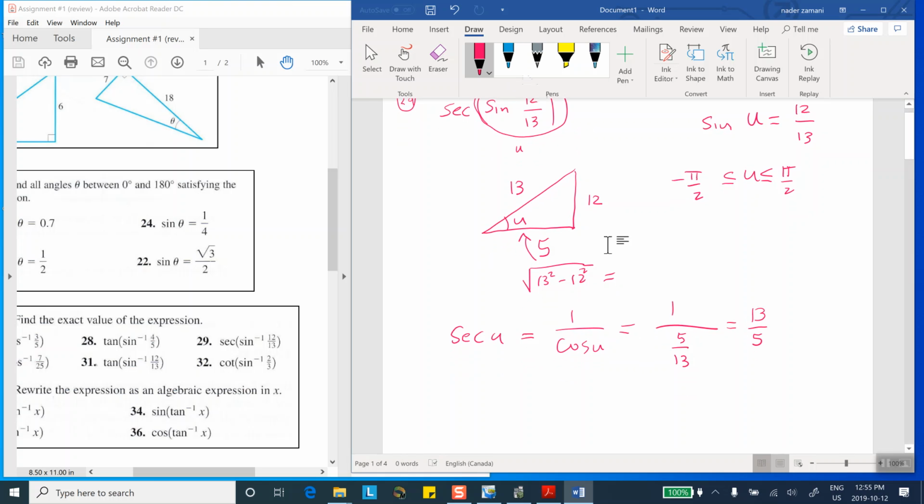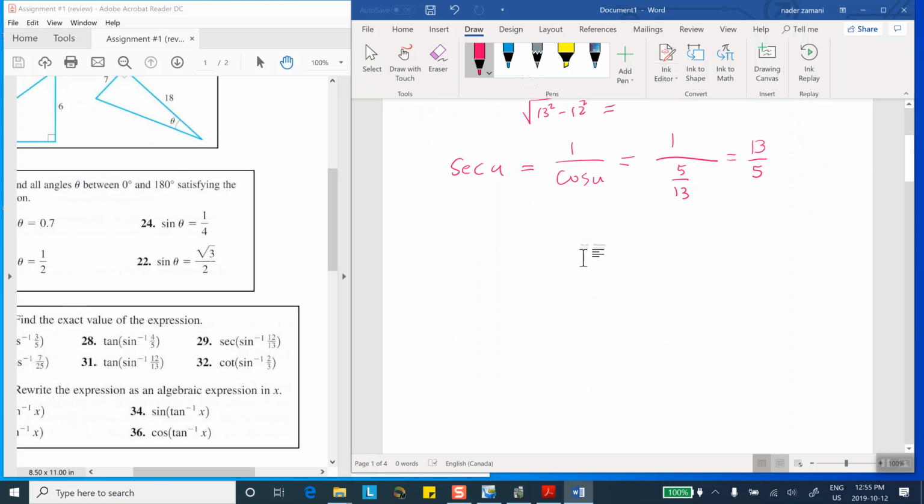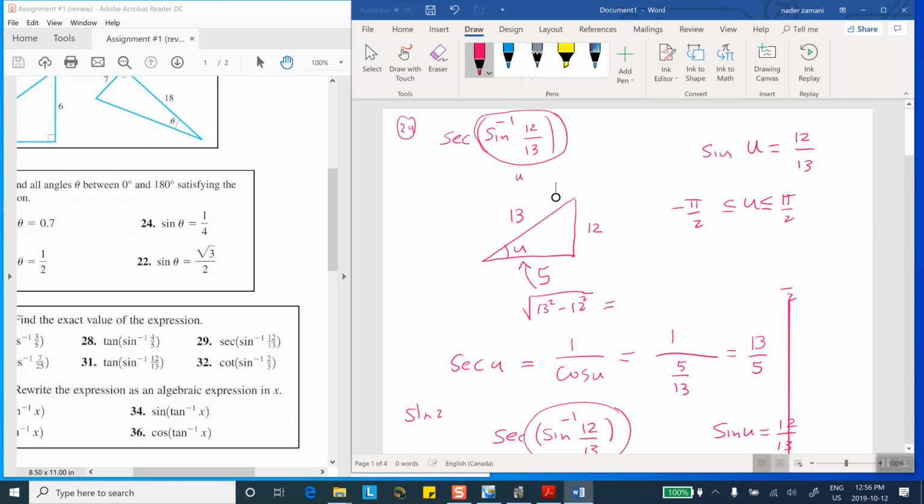Okay, approach 2, solution 2. We start with the same thing, secant of sine inverse of 12 over 13. Call this thing u, so we have sine of u equal to 12 over 13, and u is between pi over 2 and minus pi over 2.